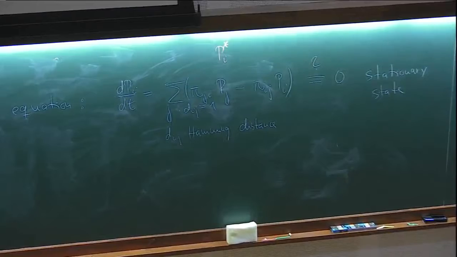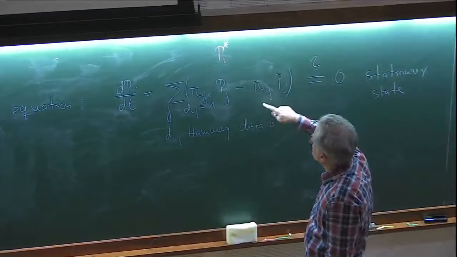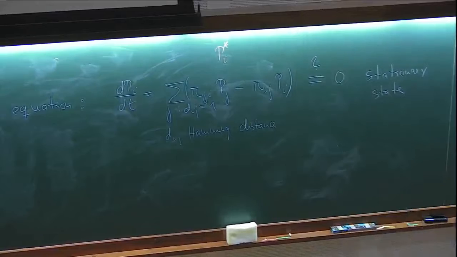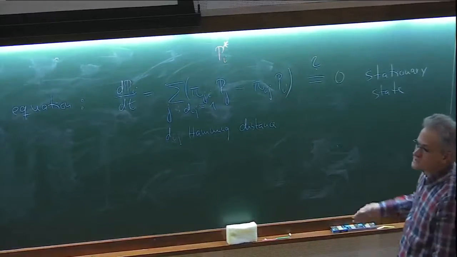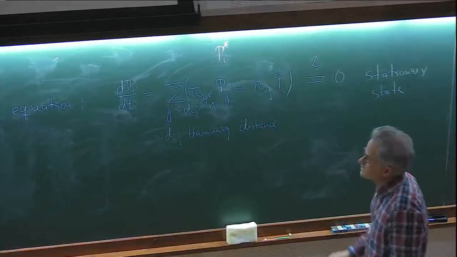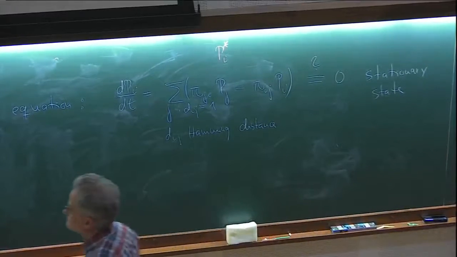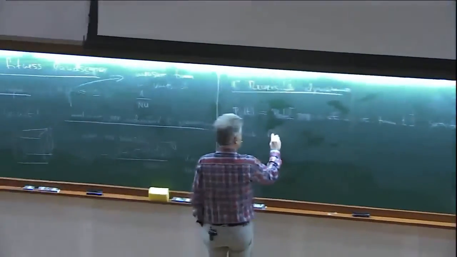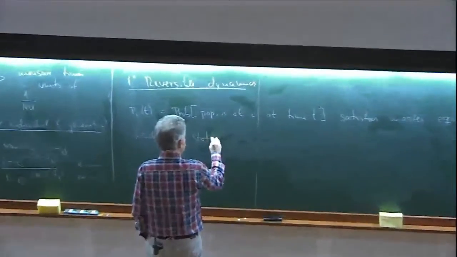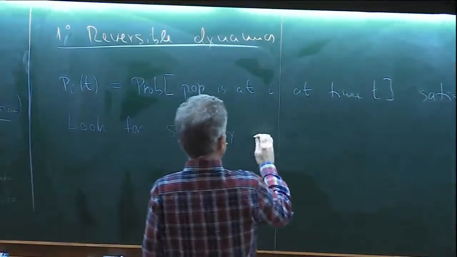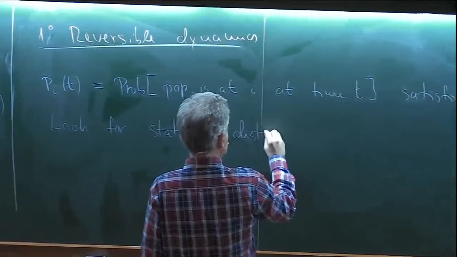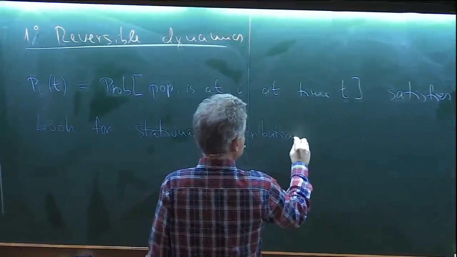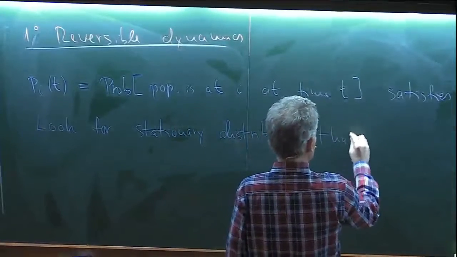Okay, and you can see it by looking at this. You can see that a simple way of making this vanish is if each term vanishes. If each term in the sum vanishes, this is obviously a sufficient condition for the whole thing to vanish. So what we can do is look for a stationary distribution that satisfies what is called a detailed balance condition.